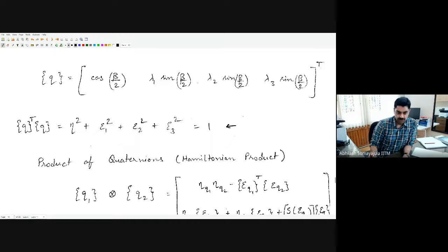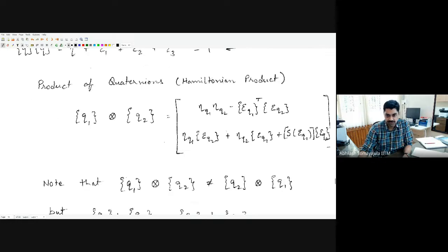Before we proceed, there is another thing which I want to introduce, a product of quaternions. We define the product between two quaternions using this operator here, characterized by a circle with a cross in it. This will be important because when we look at what is happening to the angular velocity transformation in terms of quaternions, this product will come in handy.